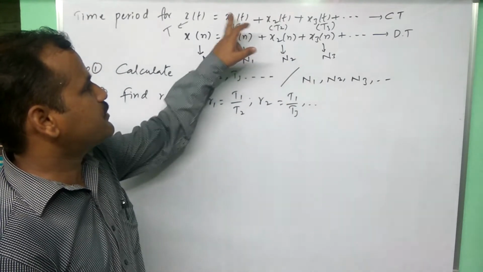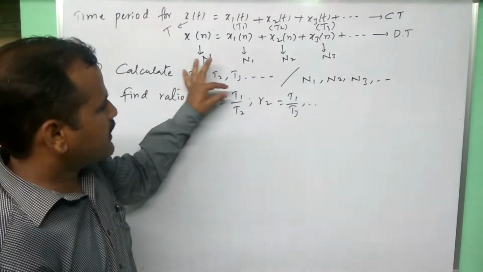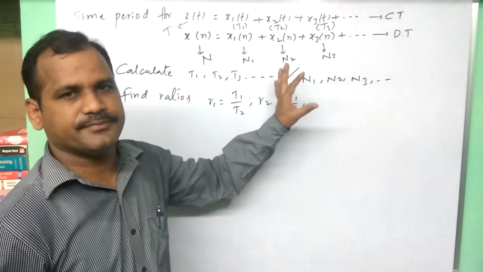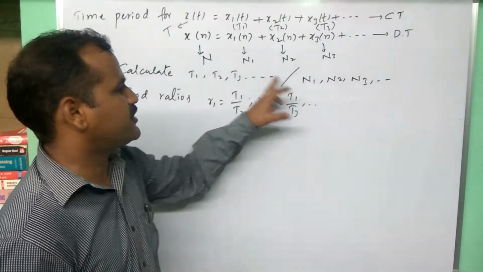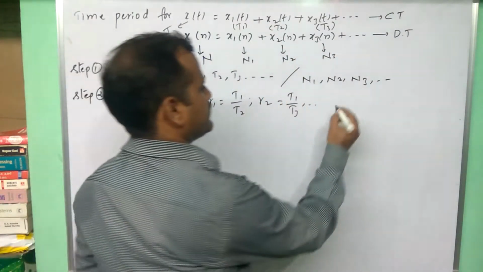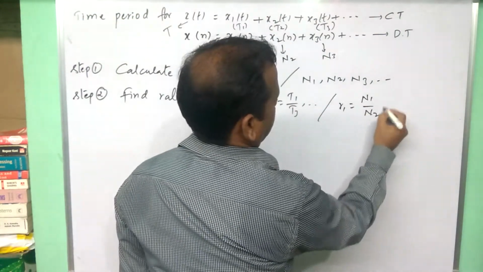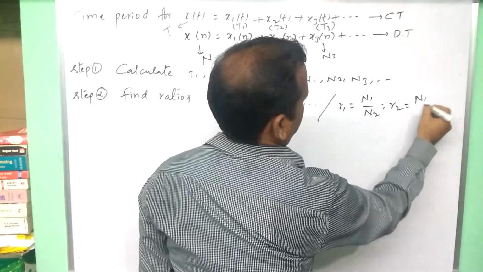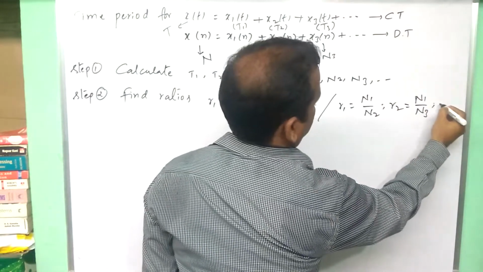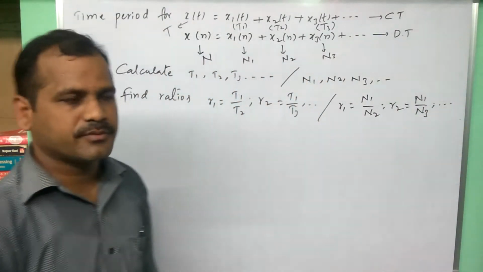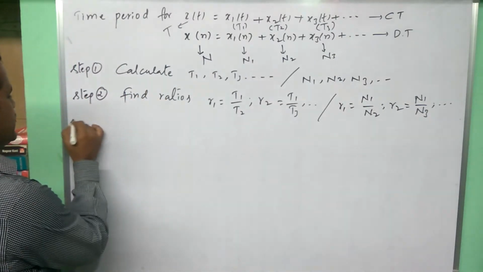That is, the first one's time period we have to consider. That is, the numerator should be the same time period. The denominator continuously we are changing like this. And if it is a discrete time signal, N1 by N2, N1 by N3. How many signals are there, that many ratios.